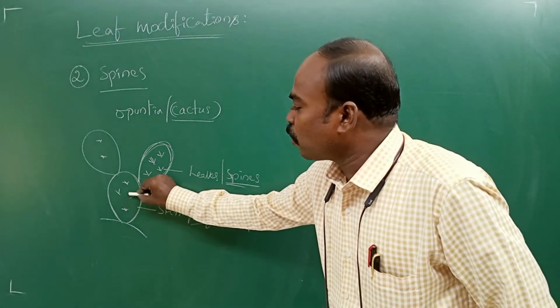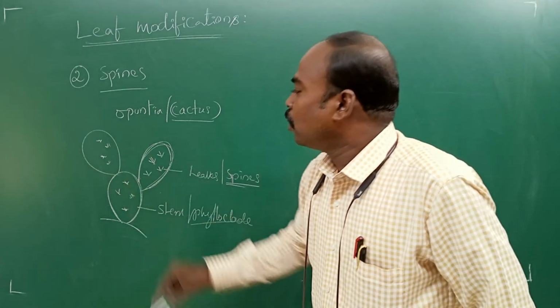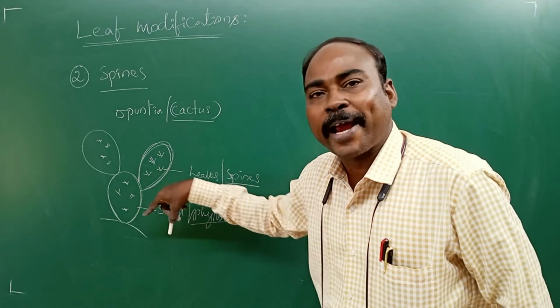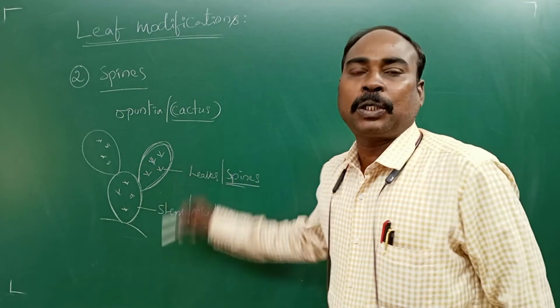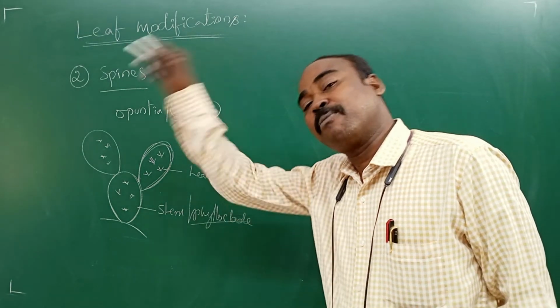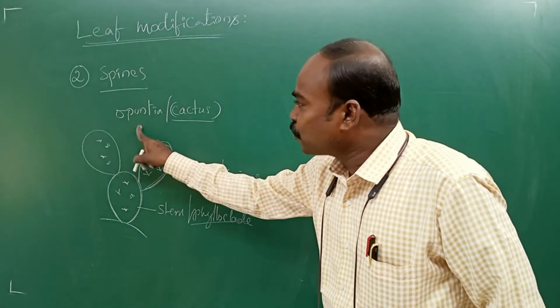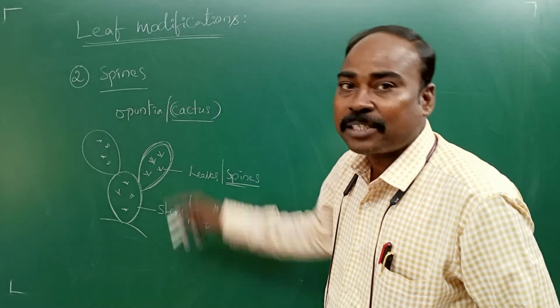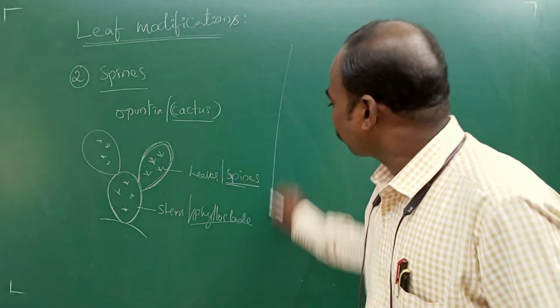The leaves are modified into spines to minimize or avoid transpiration. We already discussed this under stem modification. So leaves get modified into spines in these plants.